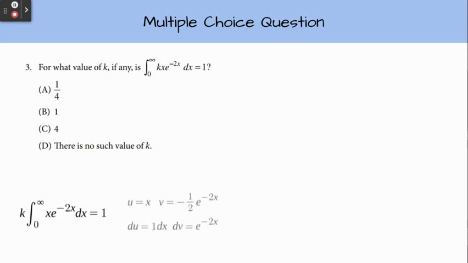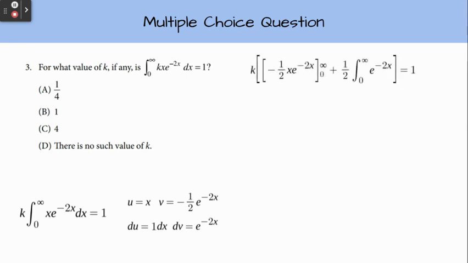If you remember for by parts, the order is LIATE, so x is algebraic, which is the A, and e to the negative 2x is exponential, the E. So your u is going to be x, and your dv is e to the negative 2x dx. When you differentiate x, it's 1, and the integral of e to the negative 2x is negative 1/2 e to the negative 2x.